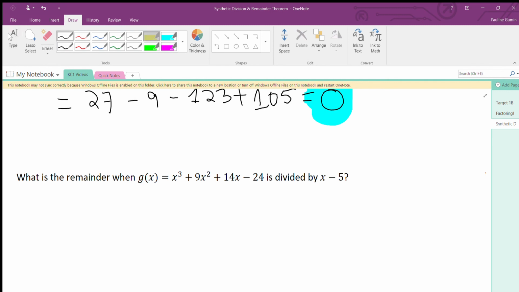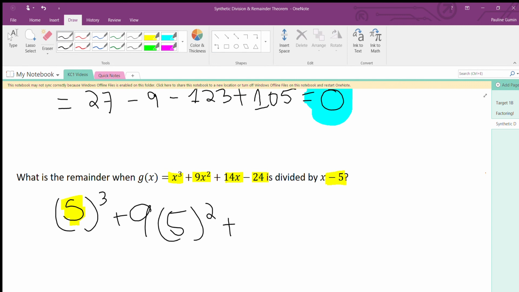I'm going to use this minus 5. Since it's a minus 5, I'm plugging in a positive 5. Okay, let's do it. 5 to the power of 3 plus 9 times 5 to the power of 2 plus 14 times 5 minus 24.